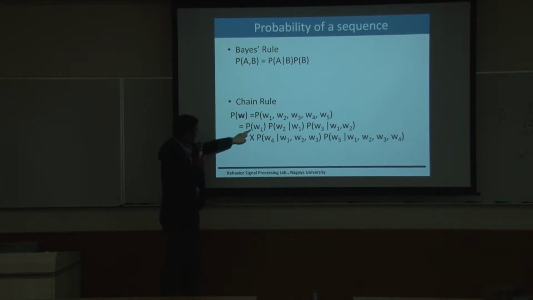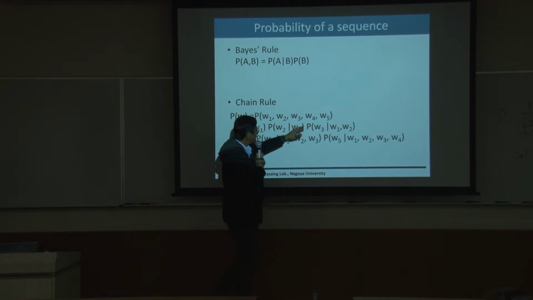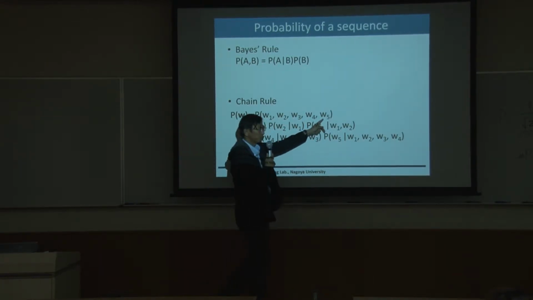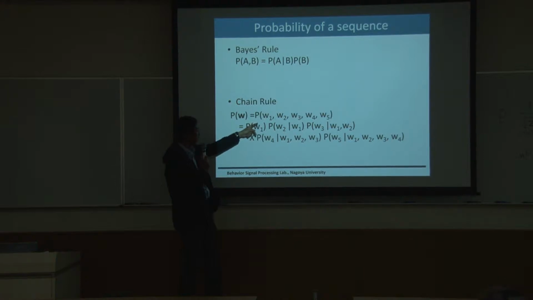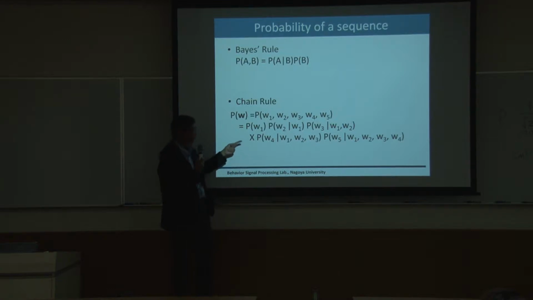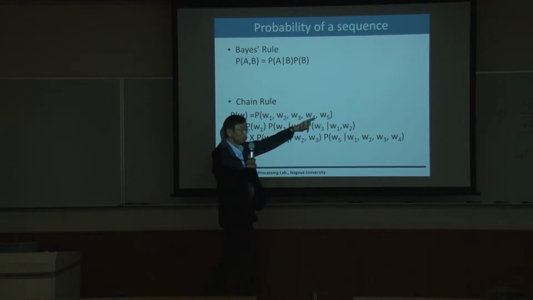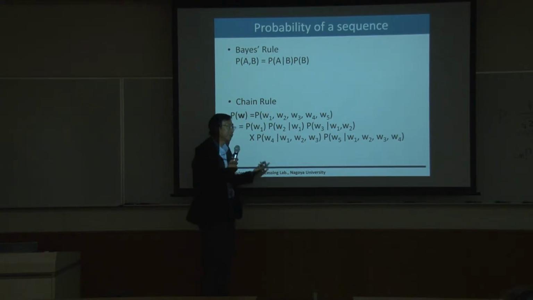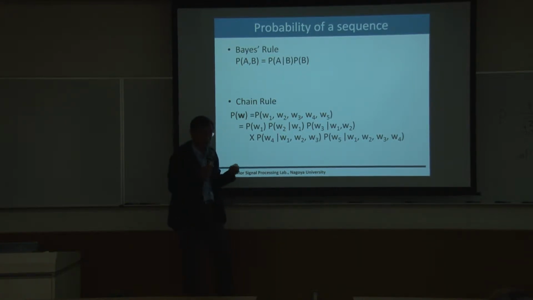For instance, the joint probability of these five stochastic variables is not easy at all. Suppose that each is a word and this is a natural sentence, like I would like to go somewhere. The probability that you observe the word I should be very, very small because we have a huge vocabulary that we use every day, like tens of thousands.